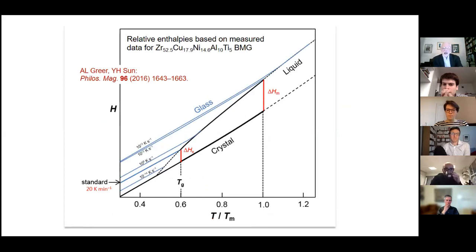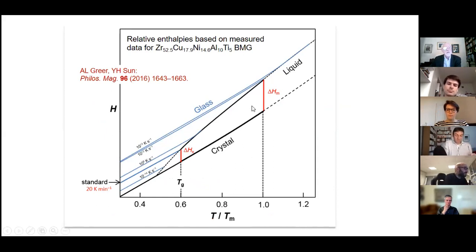Coming to the energy of the glassy state, you of course have the crystal, you have the liquid, then the supercooled liquid. My point is simply that the liquid line and the crystalline line are not parallel. So you have a heat of fusion at some temperature, and you might have thought that when the glass crystallizes at a lower temperature that you'd have the same heat of crystallization, but you don't.